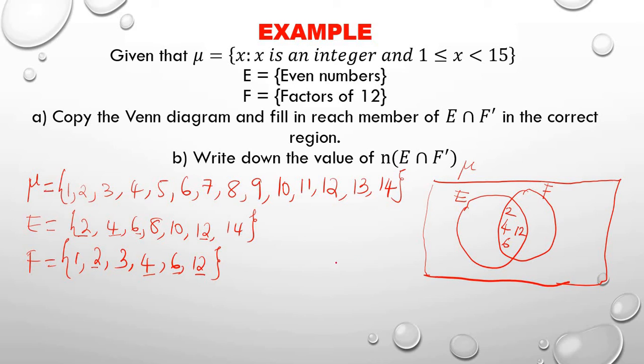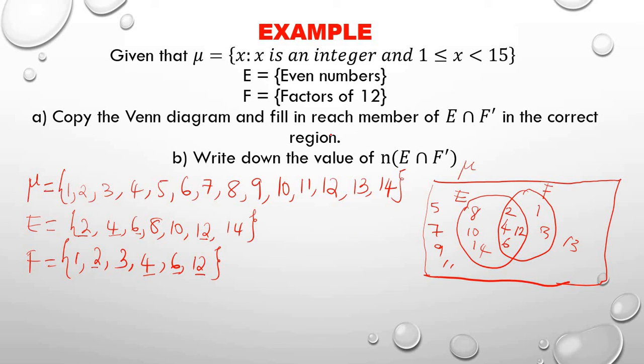For F, I have just 1 and 3 remaining. For E, I have 8, 10, and 14 remaining. Then those in the universal set not yet in E or F: 5, 7, 9, 11, and 13 this side. So that's our Venn diagram.